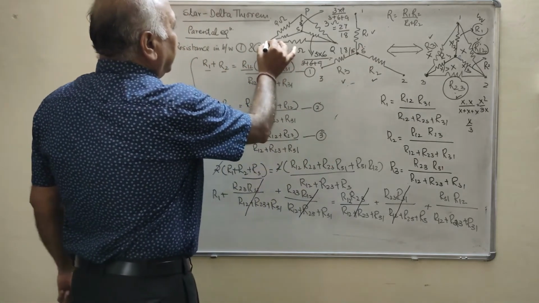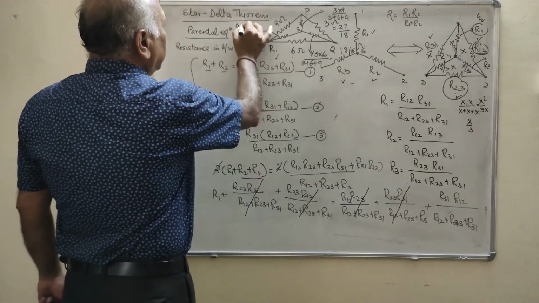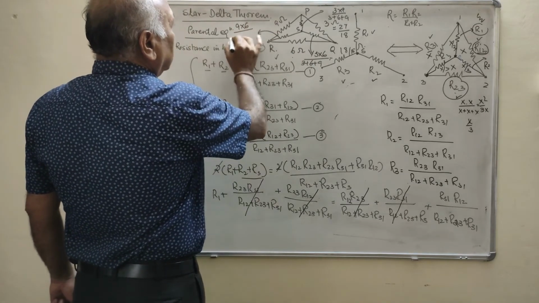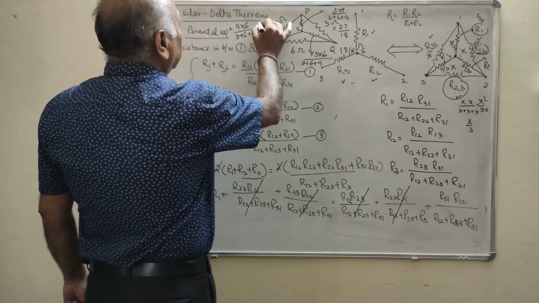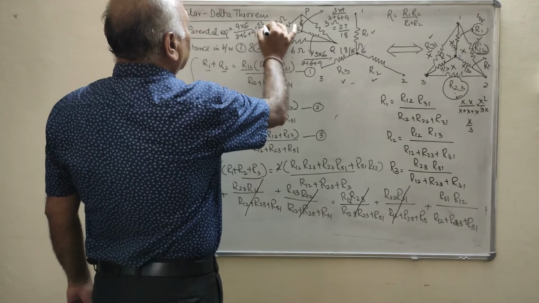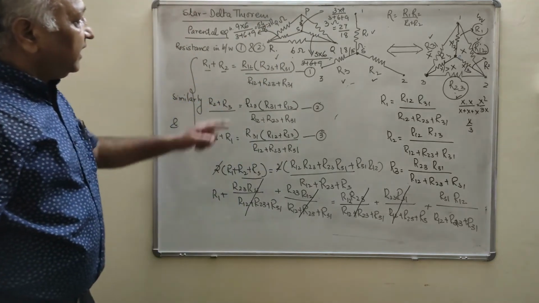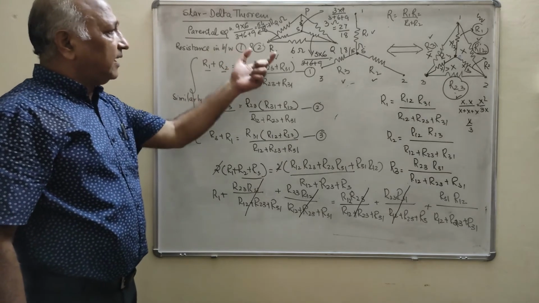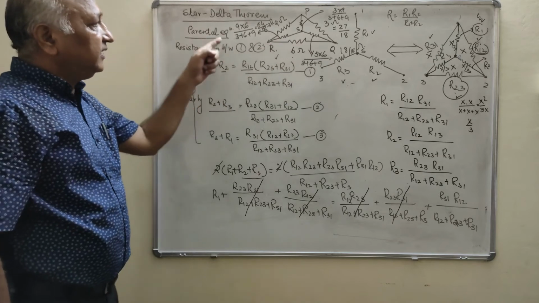Clear? And here the value of this resistance will be 9 into 6 upon 3 plus 6 plus 9, that is 54 upon 18, that is 3 ohm. Clear? It is a simple example of how we convert a delta into a star.